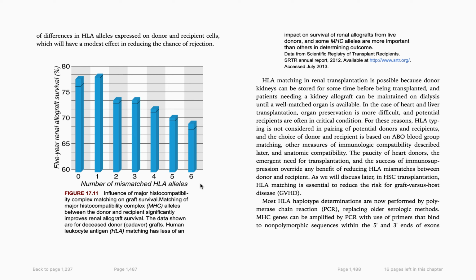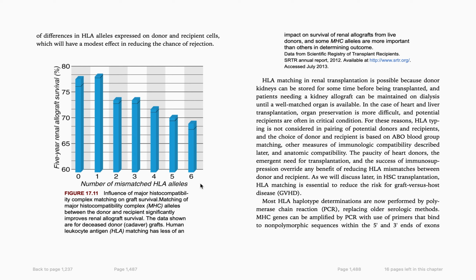For this reason, HLA typing is not considered in pairing of potential donors and recipients, and the choice is based on ABO group matching, other measures of immunologic compatibility described later, and anatomical compatibility. Given the short viability of a heart donor, the emergent need for transplantation, and the success of immunosuppression override any benefit of reducing HLA mismatch between donor and recipients.